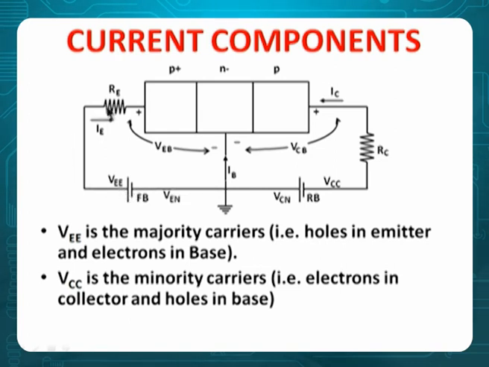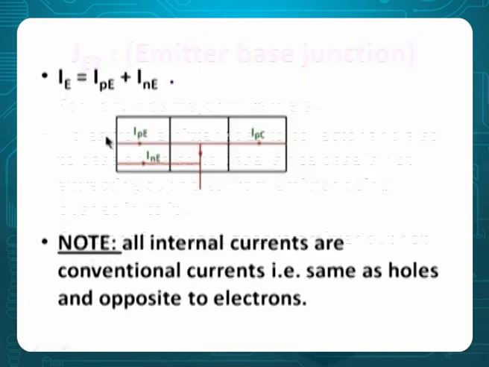Why? Because these holes are pushed by that. So ultimately, holes from the emitter go to the base, then the collector. Electrons from here will not be attracted by this; they will have only attraction by the emitter. So holes have two components, electrons have only one component. When a hole is going, we give the same direction, but when an electron is going, we give the opposite direction.